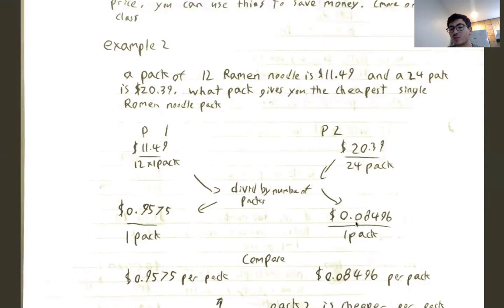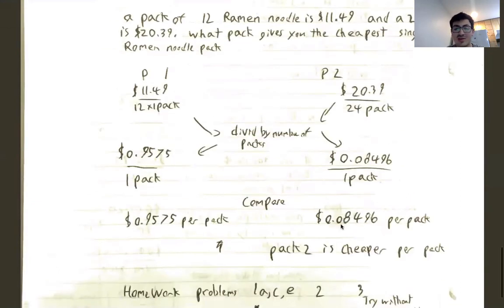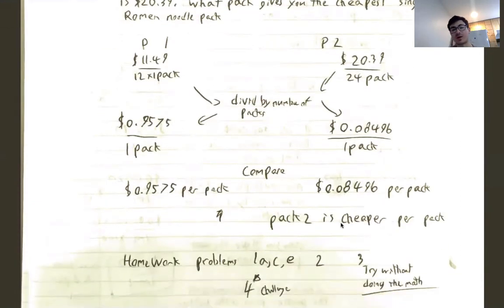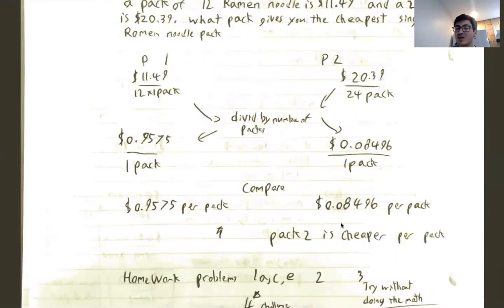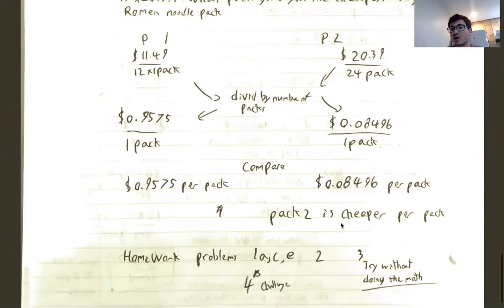So it's actually going to be about 85 cents, not 8 cents. 85 cents per pack. I did it again. Wow, I was not proofreading. So we can see that pack 2, when we get 24, we're actually going to be saving about 11 cents per pack, which is pretty good if you're buying over your lifetime. Let's say you buy 1,000, you're saving like $110, which adds up if you do that on everything.